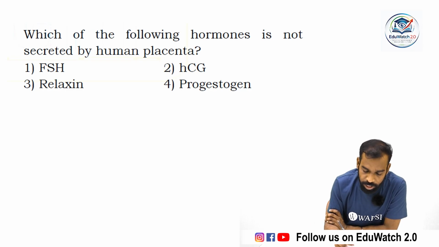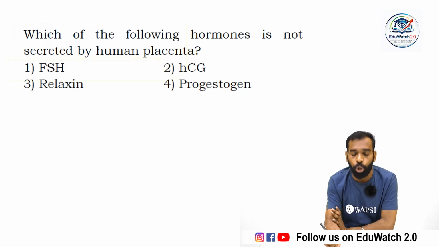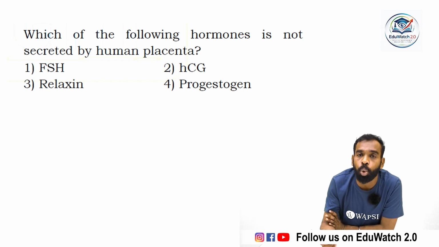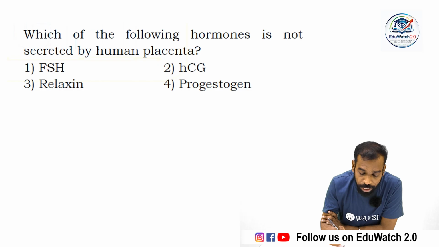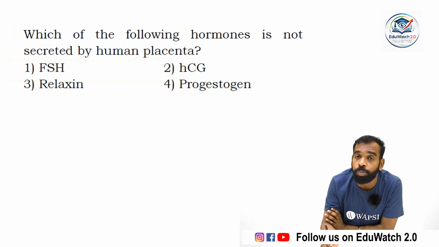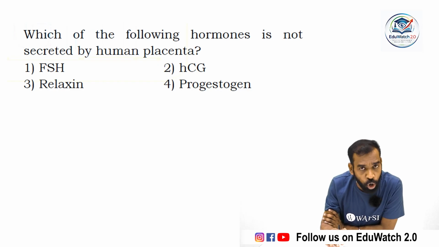Relaxin, human chorionic gonadotropin, progesterone. Option number 2, option number 3, option number 4 are the hormones secreted by the placenta at the time of gestation period or at the time of delivery, after delivery.